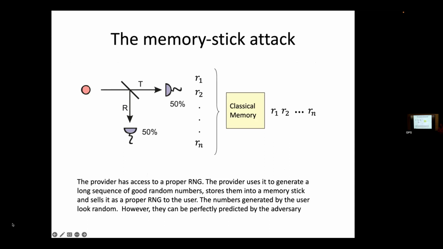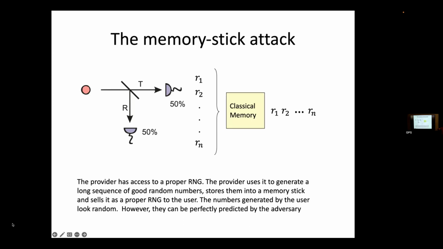You know that Nicolas Gisin can get you a quantum random number generator. But Nicolas Gisin also likes money, and he knows that you have a virtual casino. So before you come to him, he uses one of his very good random number generators, generates many random numbers, and copies these random numbers into memory.